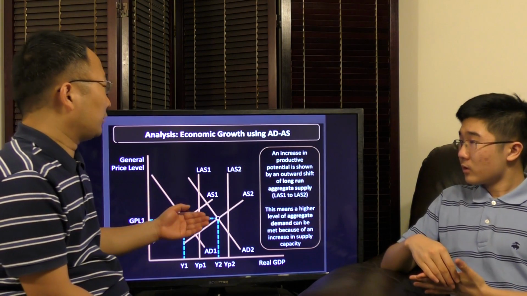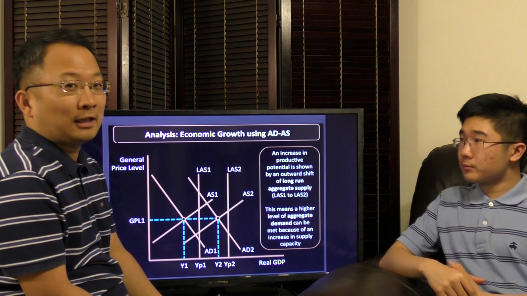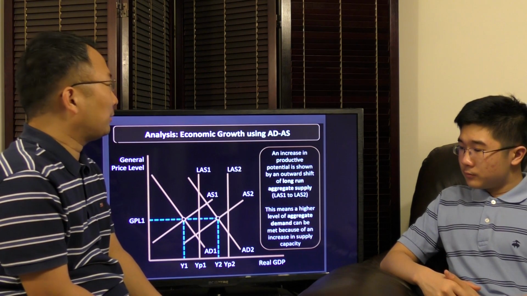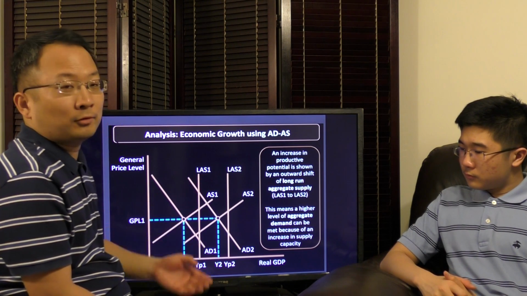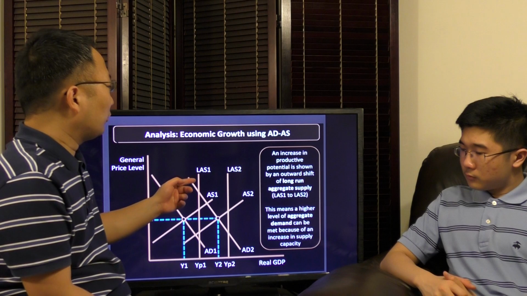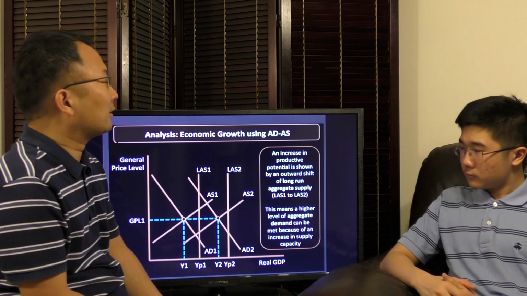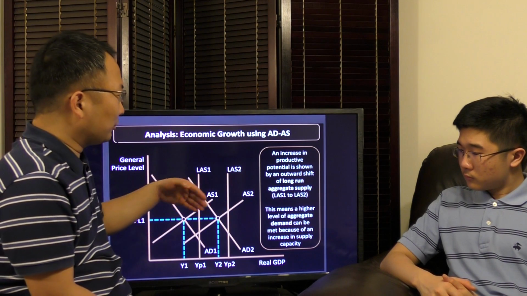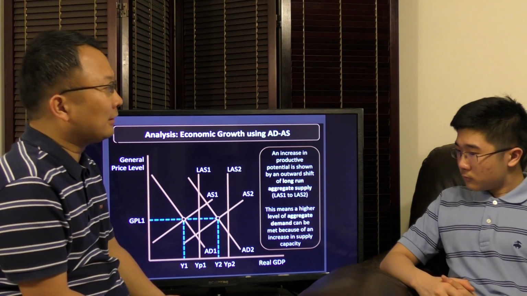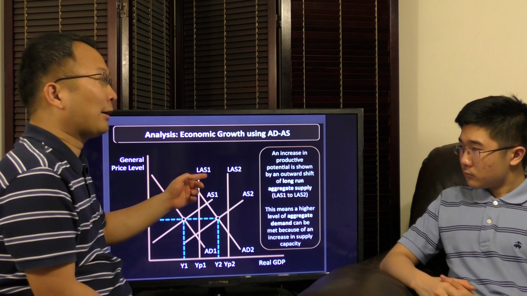Yeah, as we have discussed many times about the AD-AS model, which is, I would say, the most important component in macroeconomics, technology improvement usually leads to a right shift of the long-run aggregate supply curve, right? But in today's discussion, we also bring in, for example, that labor productivity increase could also lead to the right shift of the long-run aggregate supply curve.